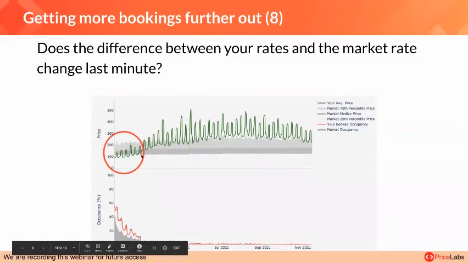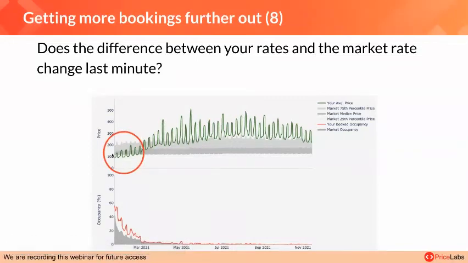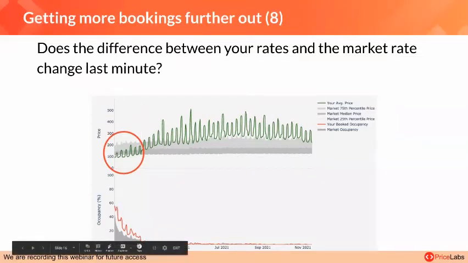Now, what happens in March? Demand dies down a little bit, but that is besides the point. Before March, all of my rates are generally on the low end of the market price. So I'm generally below the median. I'm pricing on the lower end of the market, and concurrently my occupancy is outpacing the market here.